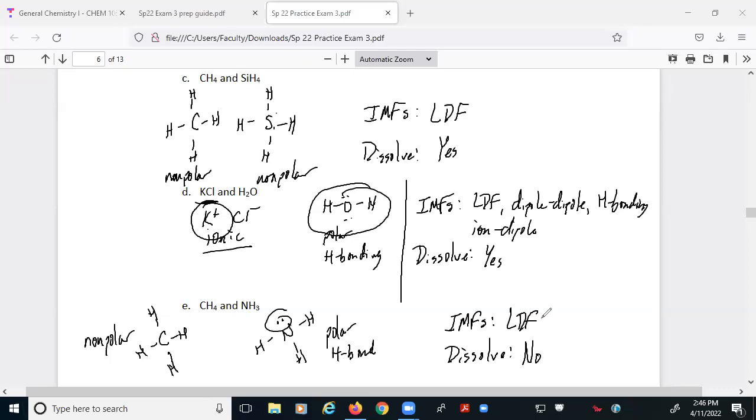The reason they don't mix is because the ammonia would have to drop down from hydrogen bonding to London forces to mix. So it's going from very strong interactions with itself to very poor interactions with its solvent. That's unlikely to happen.